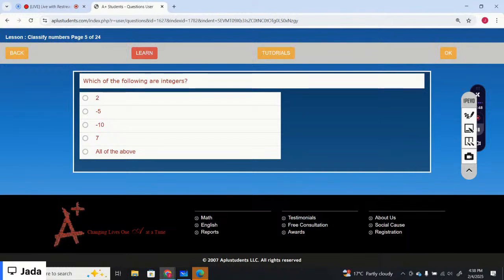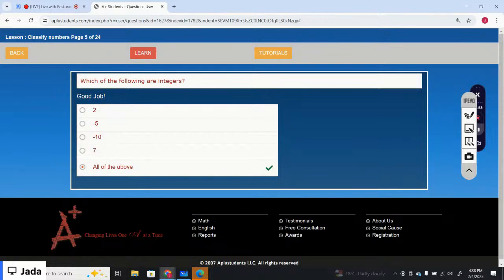Which of the following numbers are integers? All the positive numbers and negative numbers are integers. So all of the above are integers.